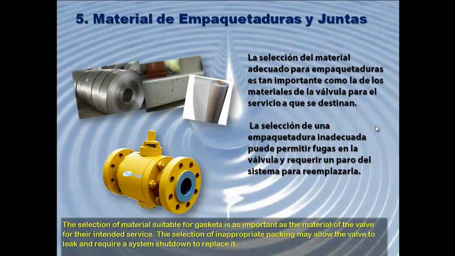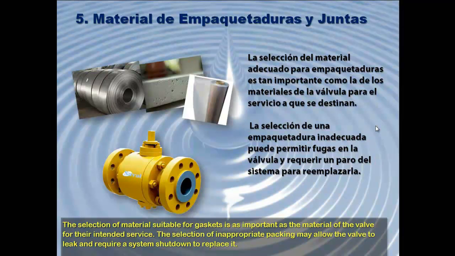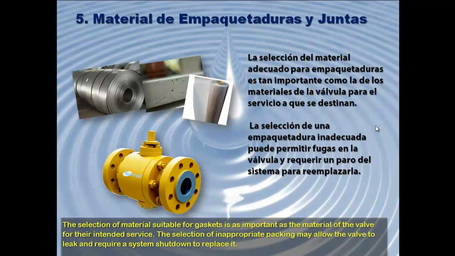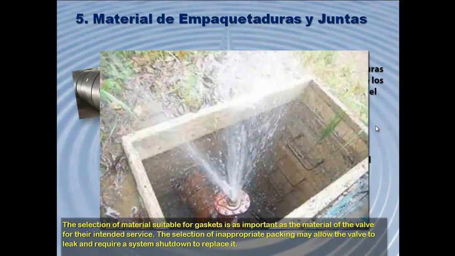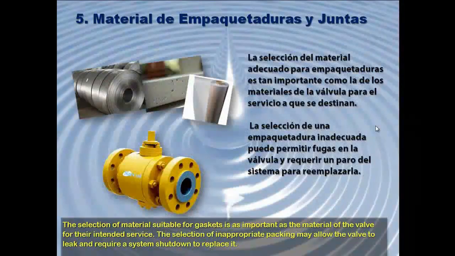The selection of suitable packing materials is as important as the material of the valve for its intended service. The selection of inappropriate packing may allow the valve to leak and require a system shutdown to replace it.